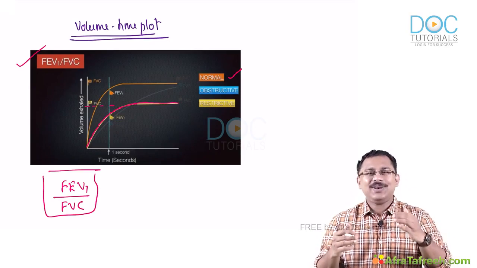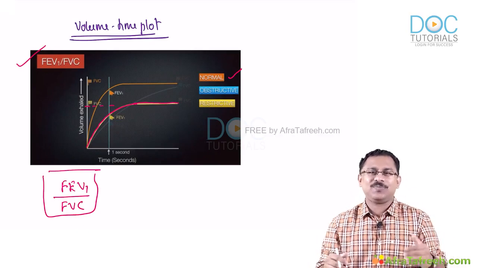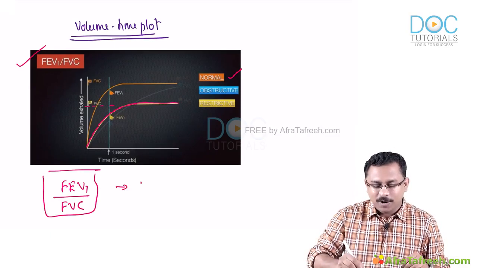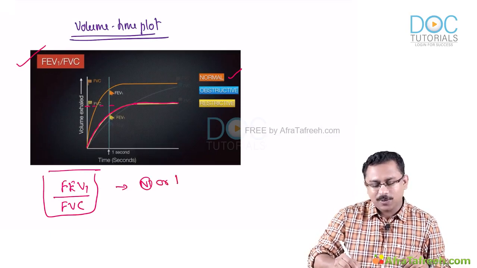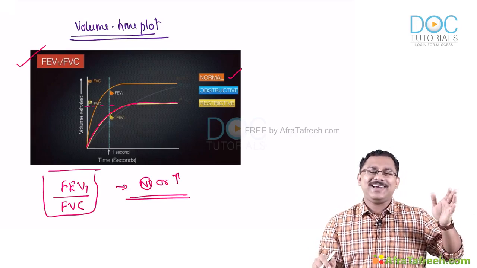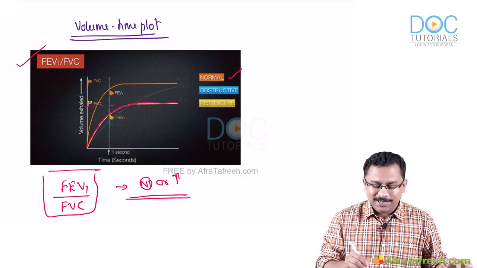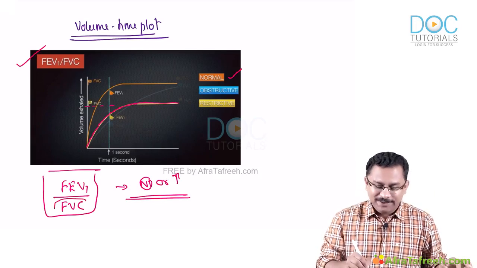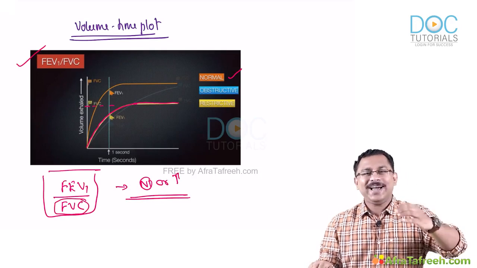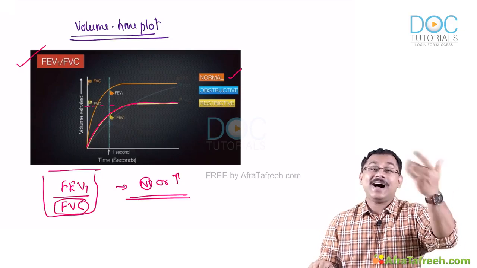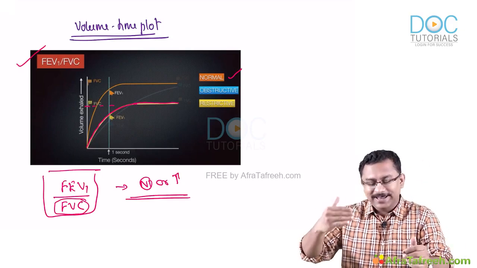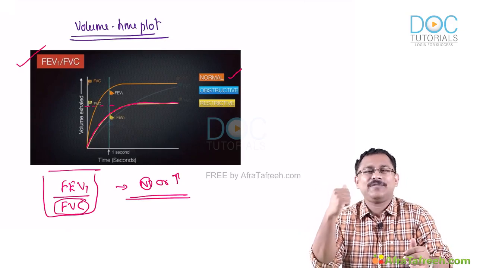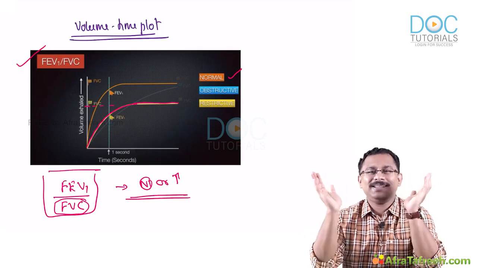But when you take into consideration the ratio, FEV1 to FVC, that will be normal or increased. It is not going to be a lower value because the more proportionate reduction will be in your FVC. So when you take the ratio, it will be a higher value. So you might find that the FEV1 to FVC ratio is actually higher in case of your restrictive lung diseases.